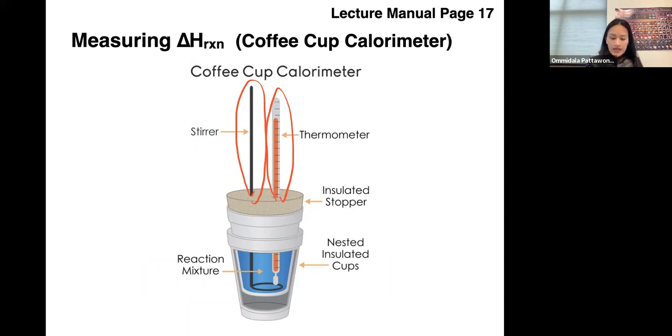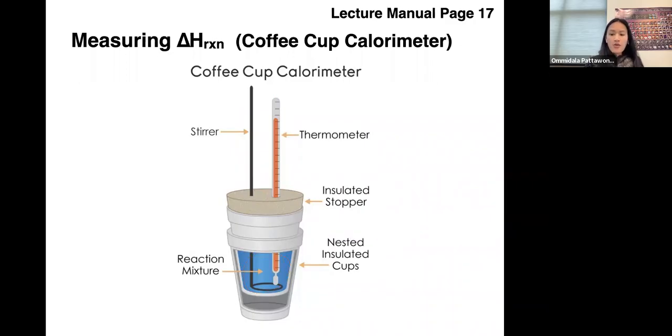Again, the reaction that we study is within the insulation to prevent the exchange of heat between the environment and the reaction, so that we can measure a more accurate temperature change of the reaction.